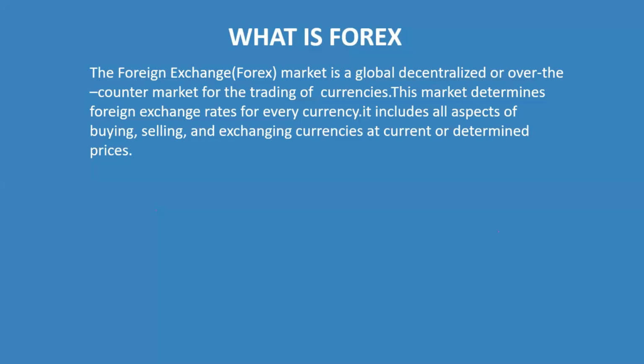It is a decentralized market. You can also call it over-the-counter, OTC, for the trading of currencies of the different countries of the world. That's what we do in Forex trading. This market determines Forex exchange rates for every currency. It includes all aspects of buying, selling, and exchanging currencies at current or determined price.